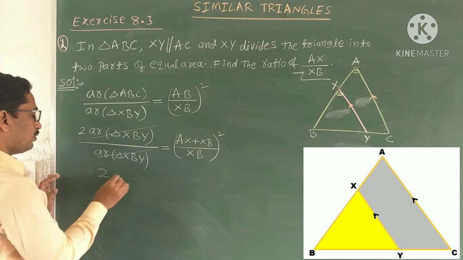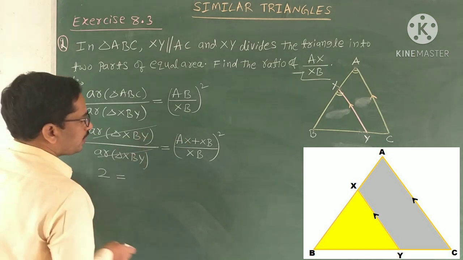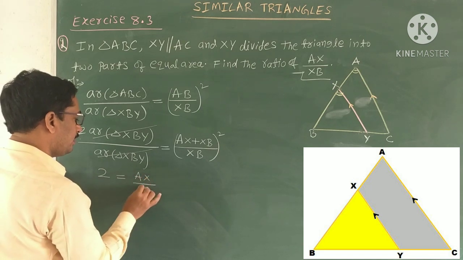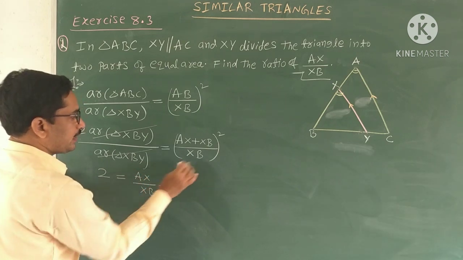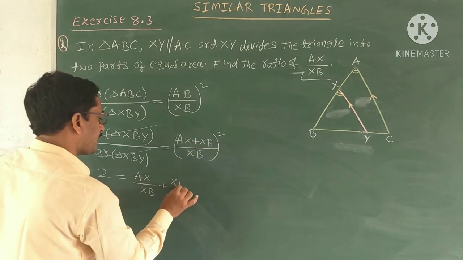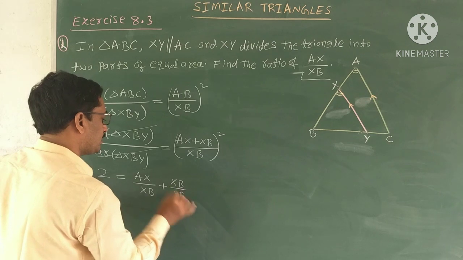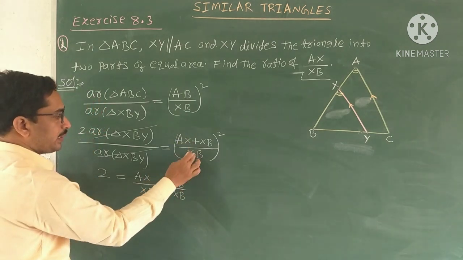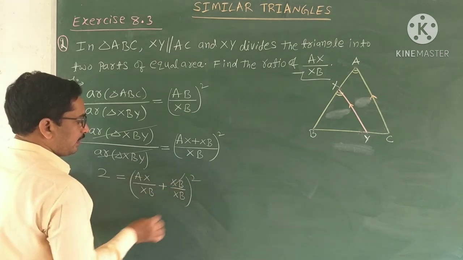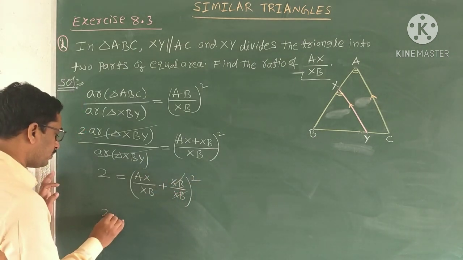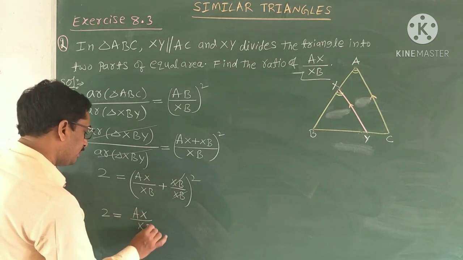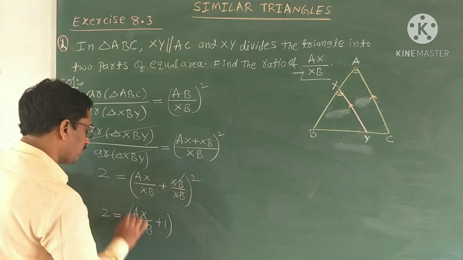Here only the left side 2 is left, equal to, now separate the denominator for the two terms: AX by XB plus XB by XB, whole square. XB cancels. 2 equals AX by XB plus 1, whole square.